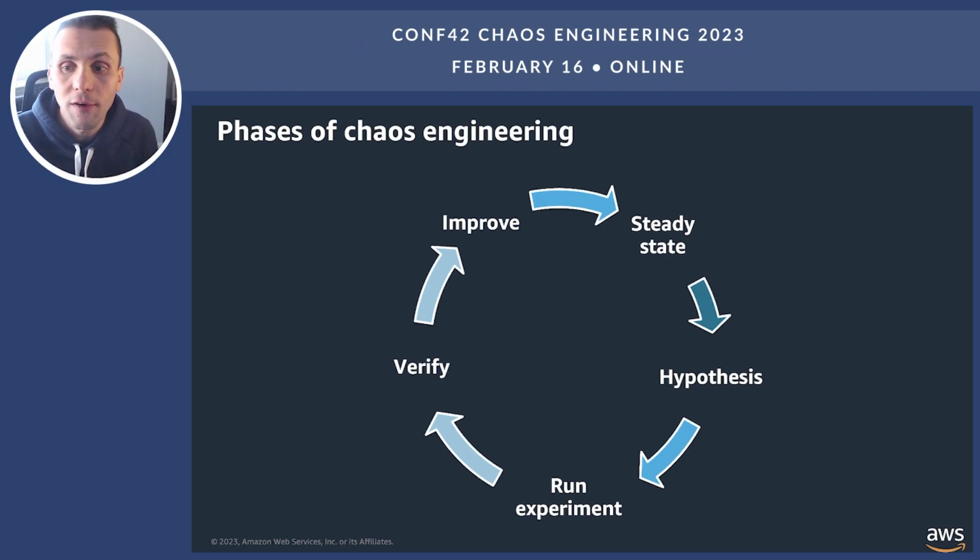To do that, you have to follow a well-defined scientific method that will take you from hypothesis to running an experiment, to verifying the experiment, improving, and then going back again to steady state. Chaos engineering shouldn't be just one thing you run once every year.